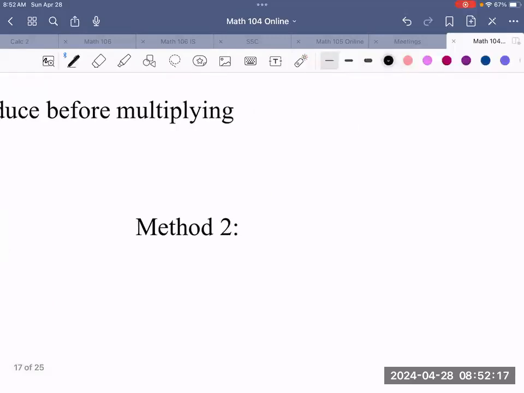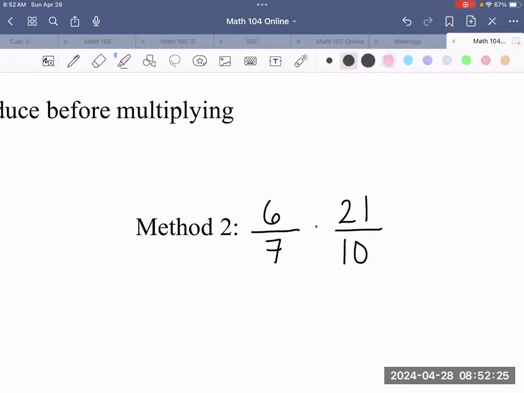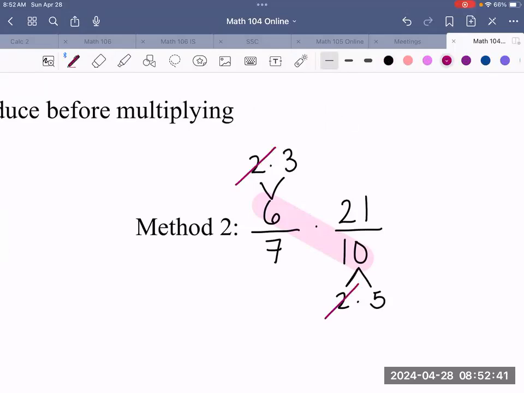Now let's practice your other method. So let's look at trying to cancel out to start. So let's look at 6 and 10. What do 6 and 10 have in common? Well, these have a 2 in common. So 2 times 3 and 2 times 5. We can cancel these values out and leave behind a 3 and a 5.